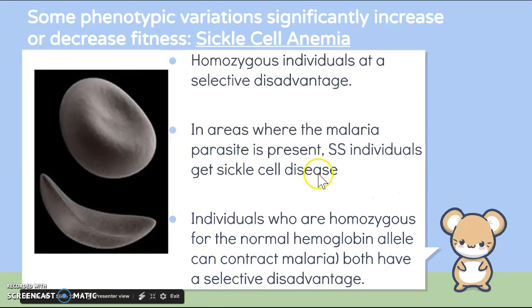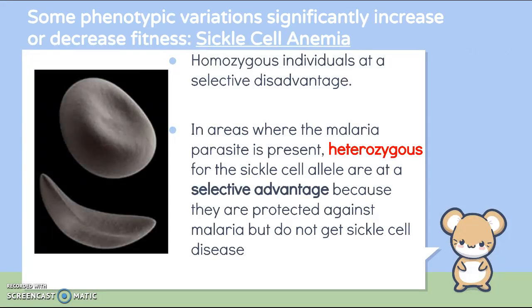In areas where the malaria parasite is present, individuals can still get sickle cell disease, and that's bad. But individuals who are homozygous for the normal hemoglobin can contract malaria, and so they're at a disadvantage as well. But organisms that are heterozygous for the sickle cell allele are at a selective advantage because they are protected against malaria and they don't get sickle cell disease.